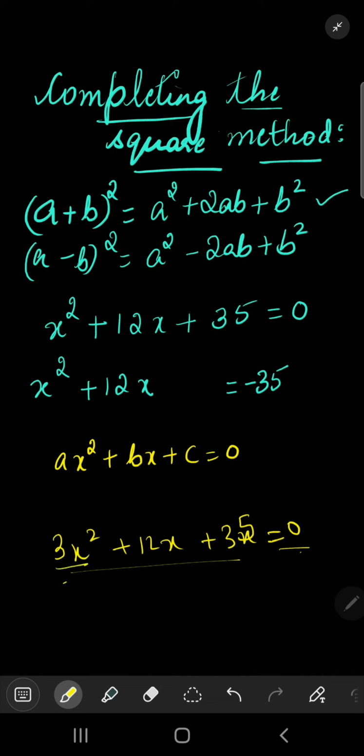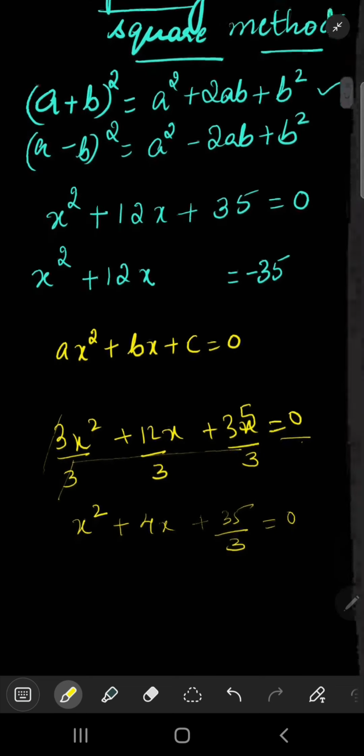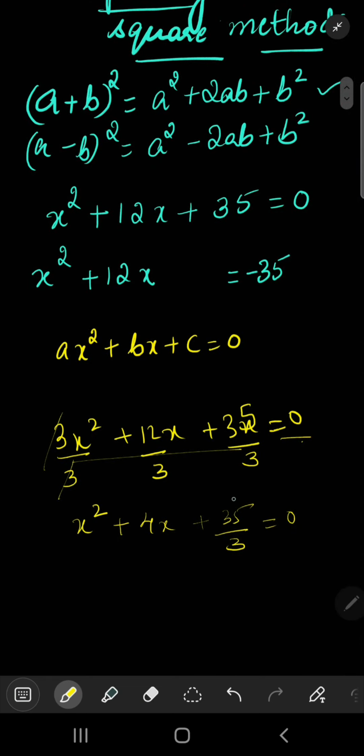So 3x square by 3 gives x square, 12x by 3 is 4x, plus 35 by 3. You don't have to worry even if this comes as a fraction. We transfer this to the right hand side, follow the steps, and you'll get the values of x. It is not wrong to get the answer as a rational number.